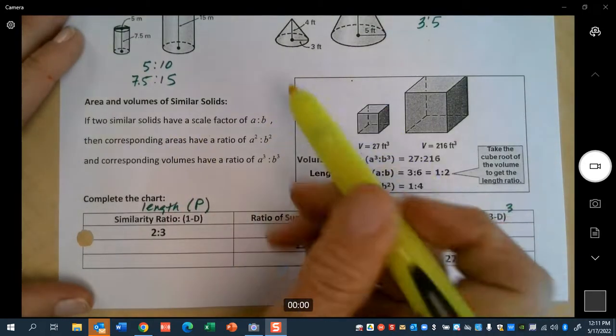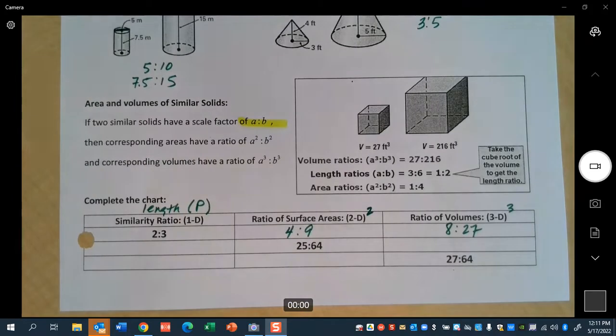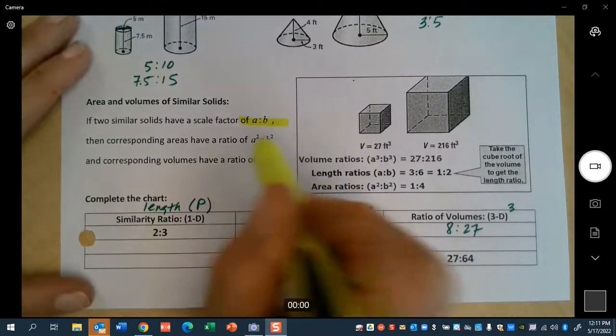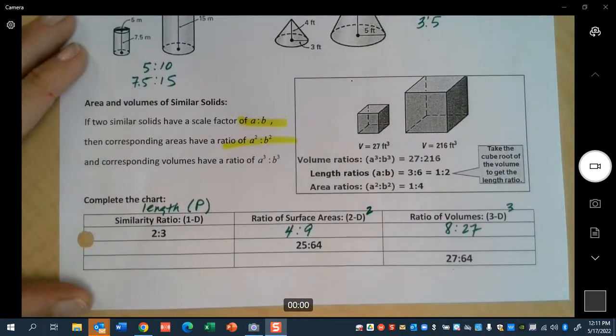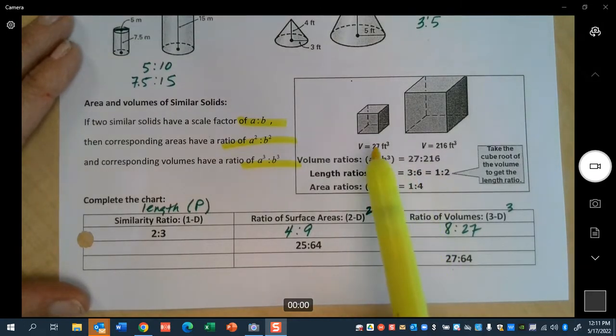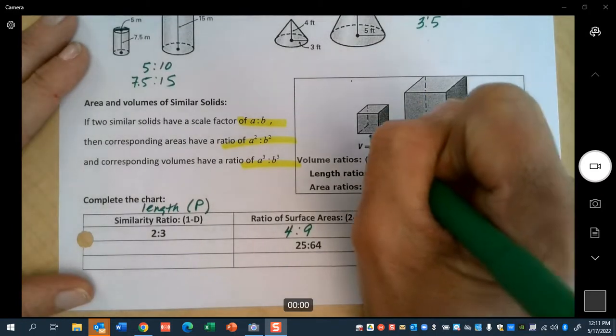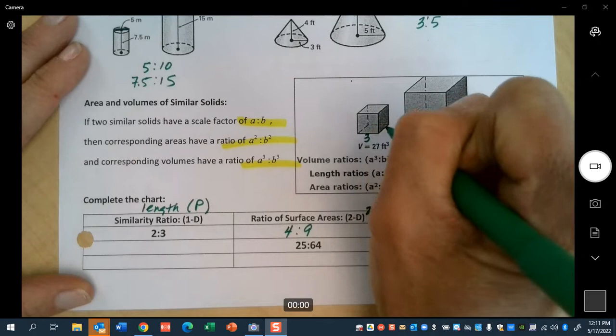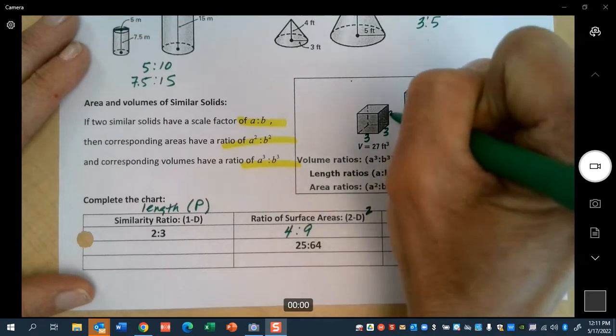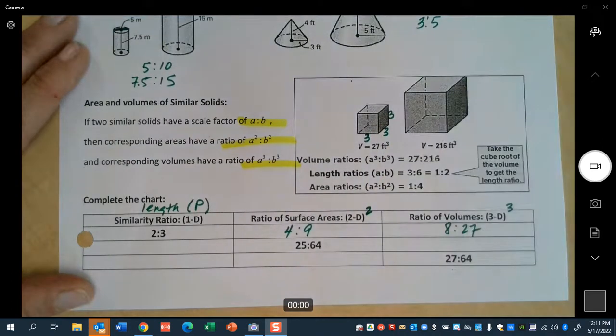If two similar solids have a scale factor of A to B, their corresponding areas have a ratio of A squared to B squared, and their volumes are A cubed to B cubed. So if you have these boxes where I have this volume and this volume, I can know that this volume was a result of a 3 by 3 by 3 cube.